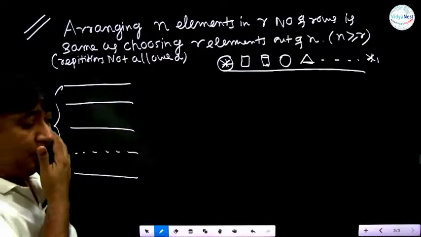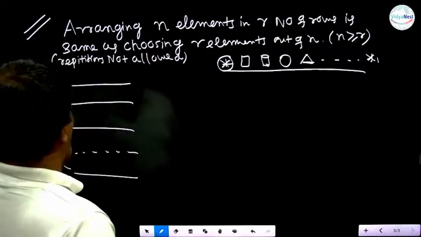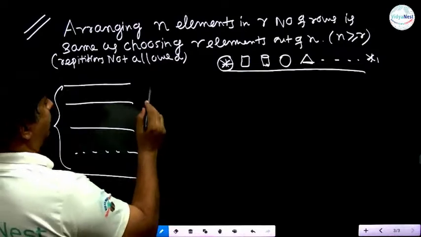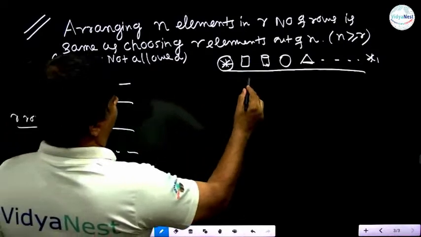Okay, sir. So start in this way. There are n elements.